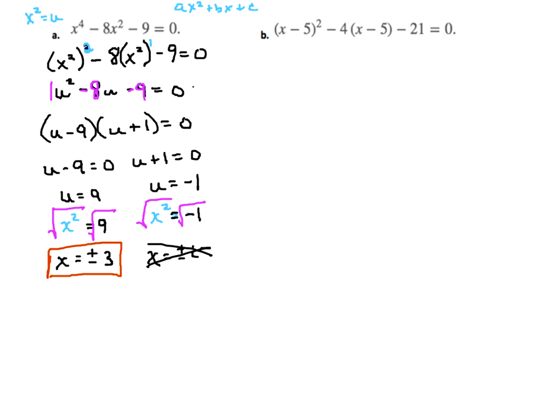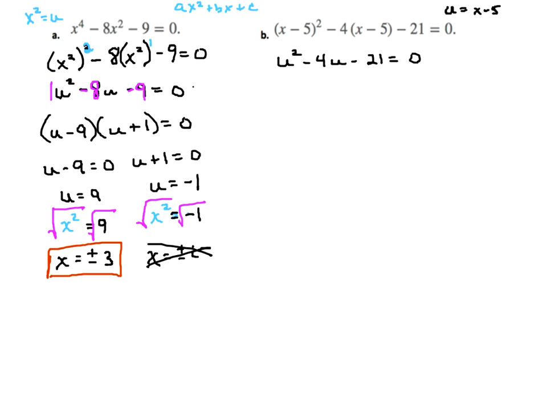All right. Same type of problem up to the right here. So here I'm going to call u x minus 5, that entire expression there. So I have u squared minus 4u minus 21 equals 0.